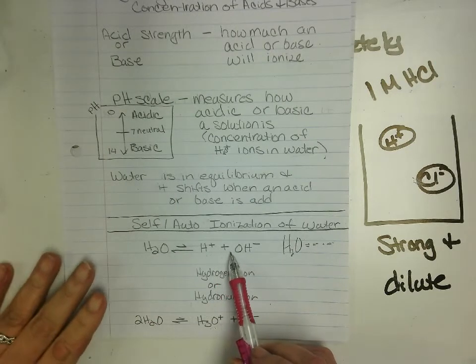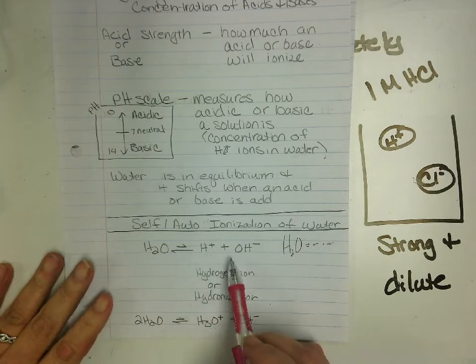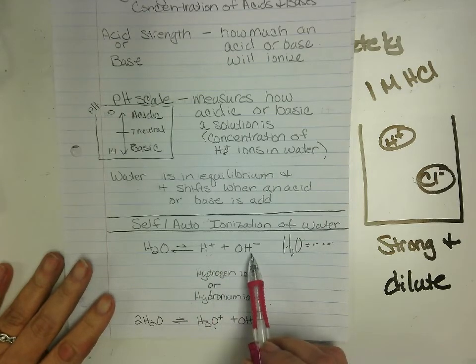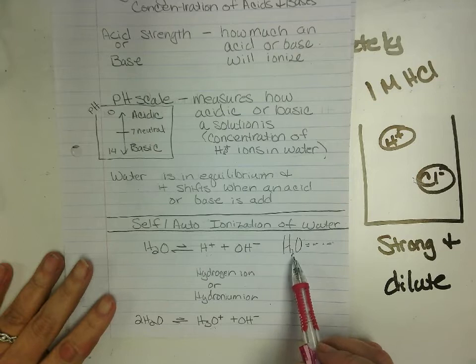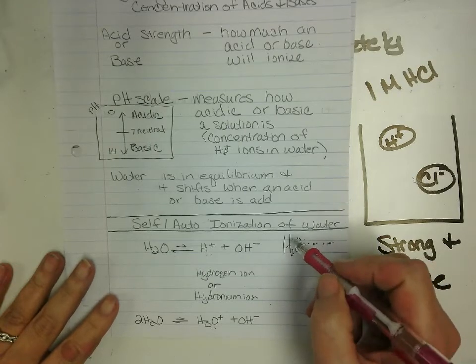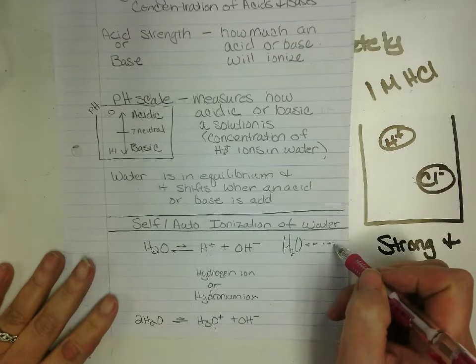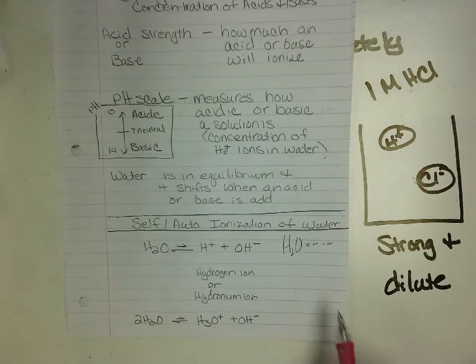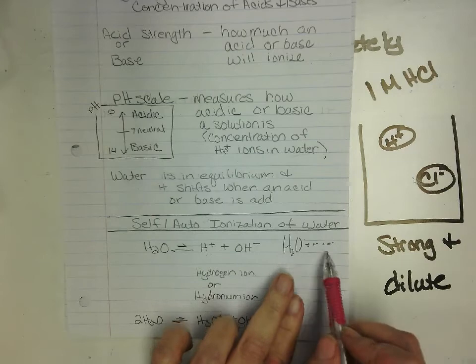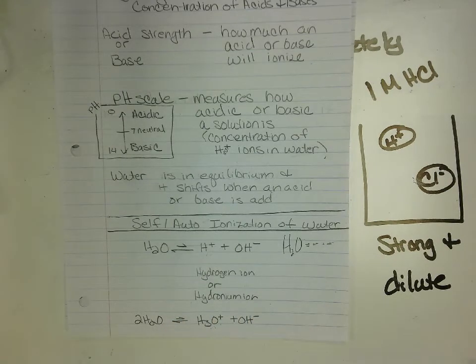But here's what I want you to know. It's an equilibrium. It does not ionize very much at all. So sometimes chemists will teach this with a huge H2O and a tiny, tiny H plus and a tiny, tiny OH minus. And that's because it's mostly pure water. It doesn't really break apart very much at all.